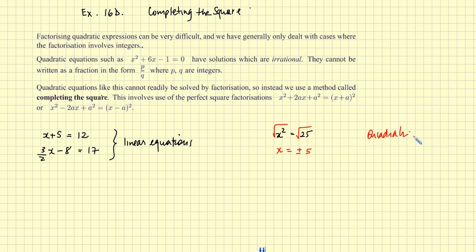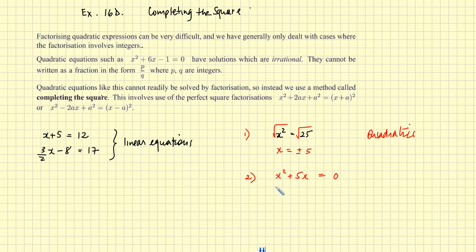The other thing that we took a look at was the null factor law. In the null factor law, we looked at questions such as this, where we assumed that we had x squared plus 5x equal to 0, and we had to solve for x.